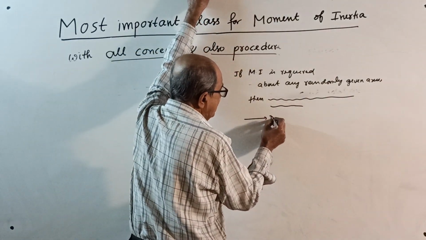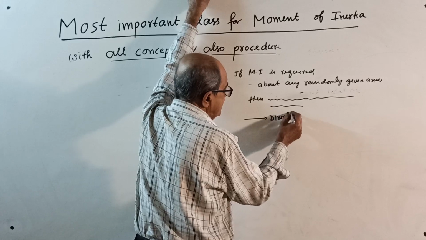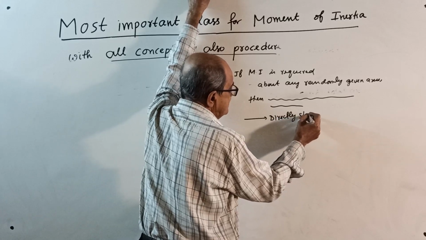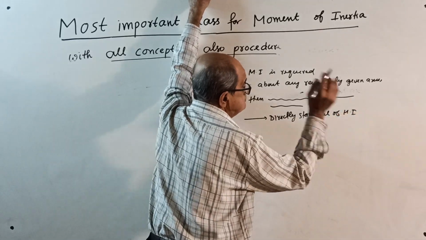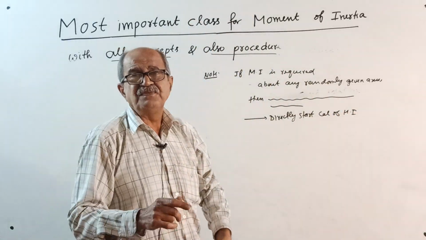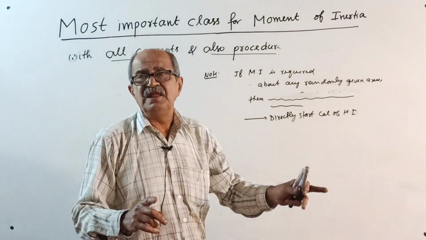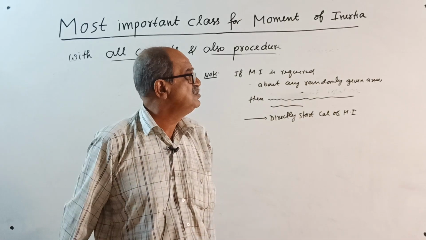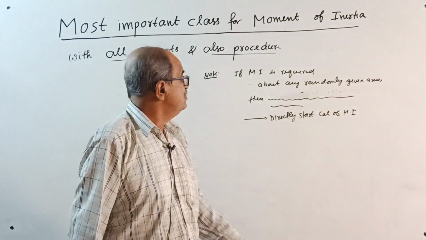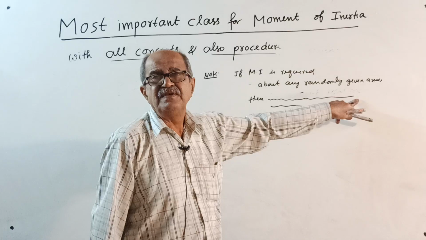Therefore, directly start calculation of moment of inertia. If they tell the axis for you, somebody may ask in a question, find I about this axis, any axis, randomly they will show. Then there is no question of locating that axis.